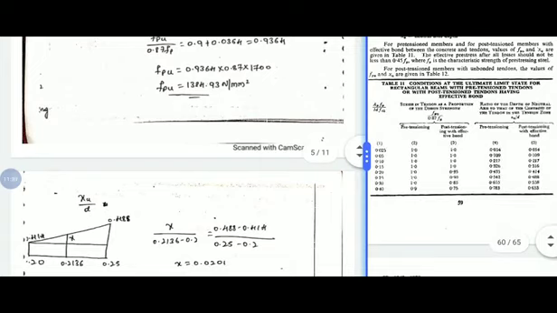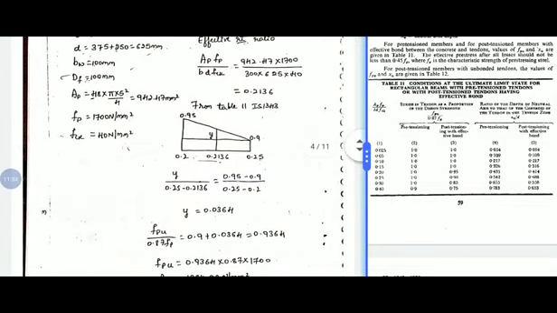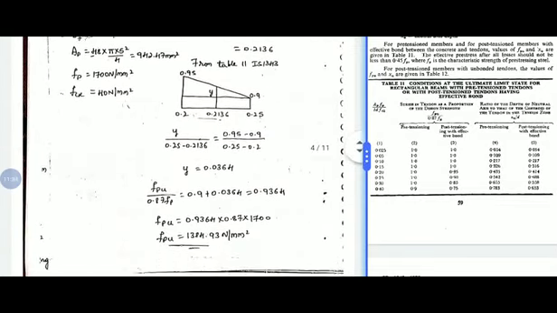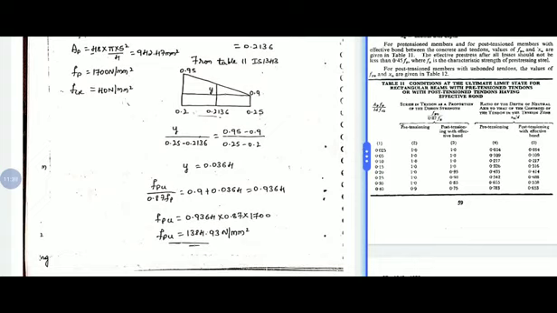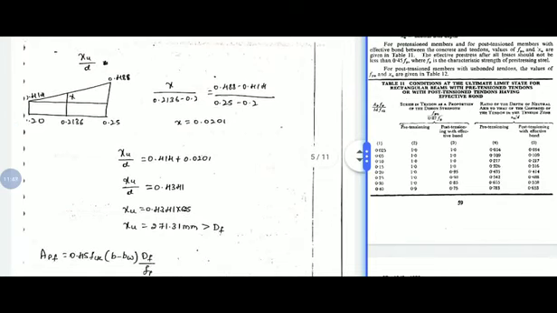After considering these values, interpolating for 0.2136, we get the FPU by 0.87 FP ratio as 0.9364, and simplifying we get FPU as 1384.93 Newton per mm square. Then interpolating the XU by D ratio, we get 0.4341. The XU value becomes 271.31 mm. The depth of the flange, or thickness of the flange, is given as 100 mm, so XU is greater than DF. So the neutral axis lies in the web.